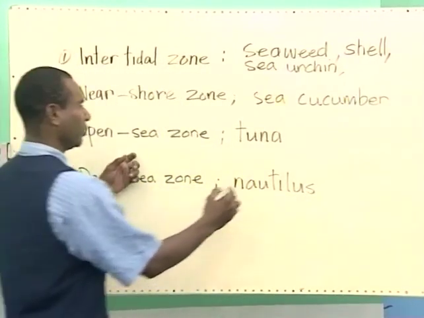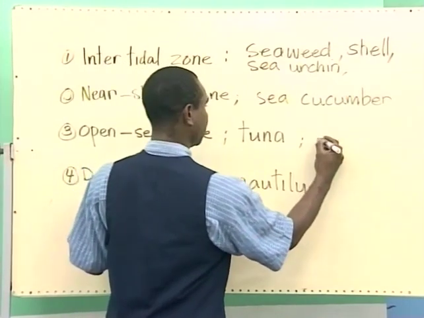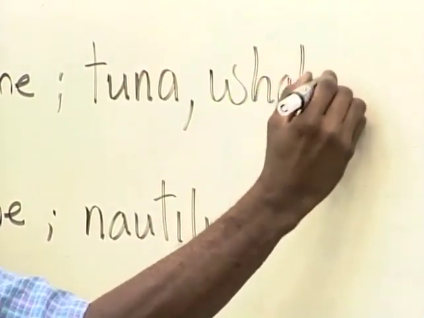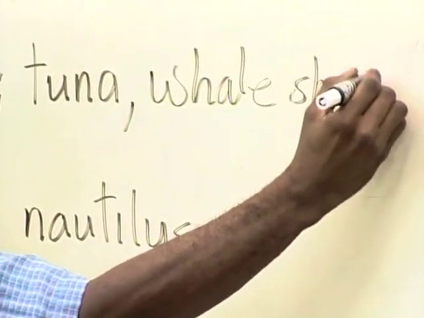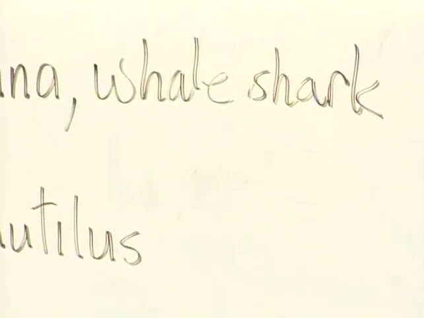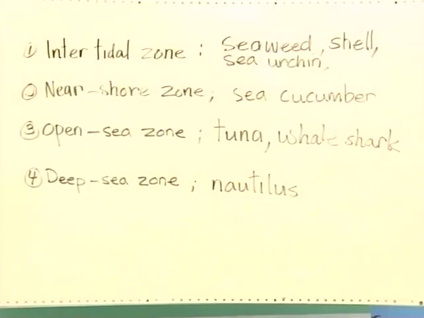Whale shark will be found in the open sea. All right, we'll go through with the rest of the animal creatures of the sea in the 4 zones in our free time.